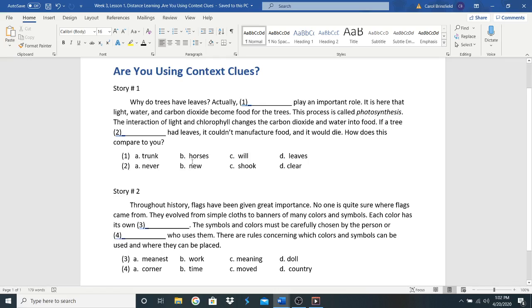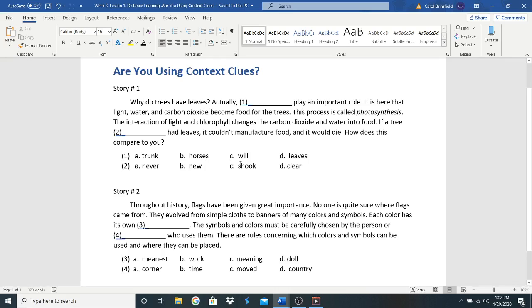Let's try B, horses. Why do trees have leaves? Actually, horses play an important role. Well, horses do play an important role in our lives, especially Miss Powell's life as she rides her horses, but that doesn't have anything to do with trees and leaves, so it wouldn't be B. C, wheel.